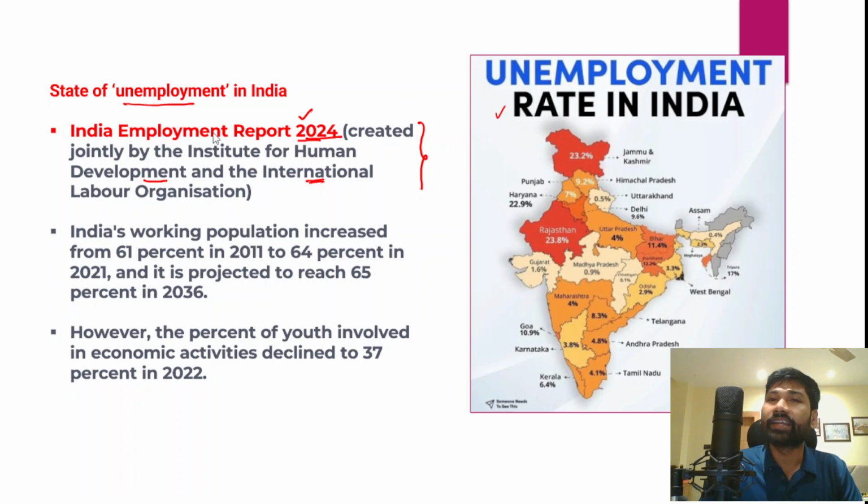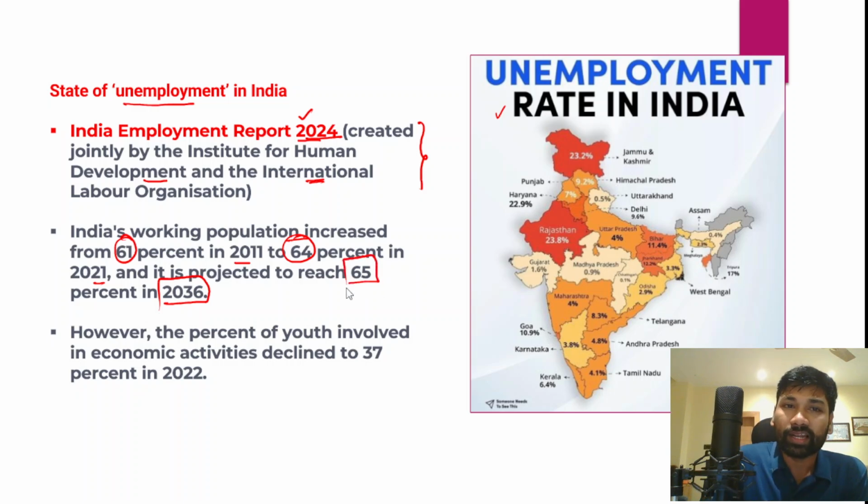According to the India Employment Report 2024, India's working population increased from 61% in 2011 to 64% in 2021. This is the increase in the working population in India from 2011 to 2021, and by 2036 the working population is projected to reach 65%, so it will reach a peak. Now, what does it mean when this report says India's working population is 65%?